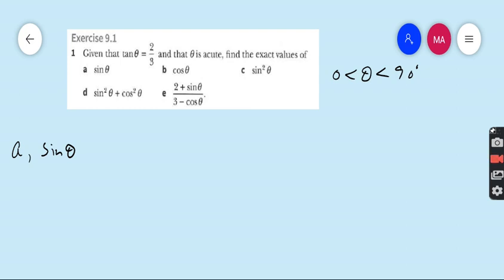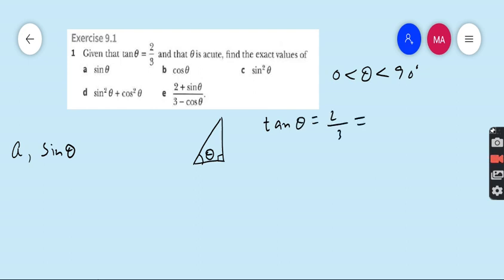Suppose this angle is theta and this is 90 degrees, this one is the hypotenuse. So tan theta is given as 2 upon 3.